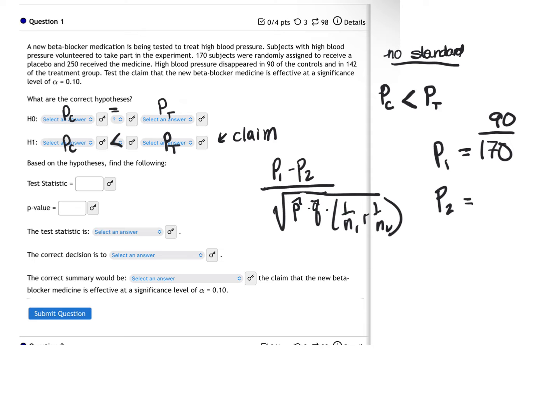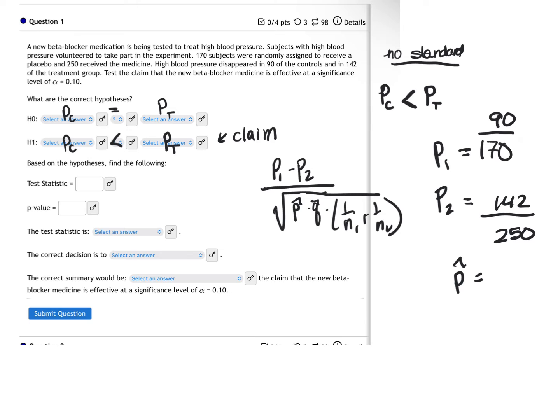P2 is the treatment group at 250 total, and that proportion is 142 over 250. And then P hat is the total successes out of the total.